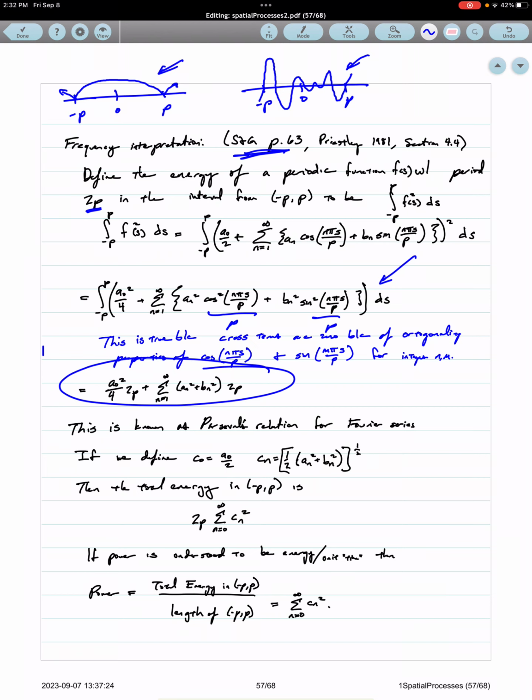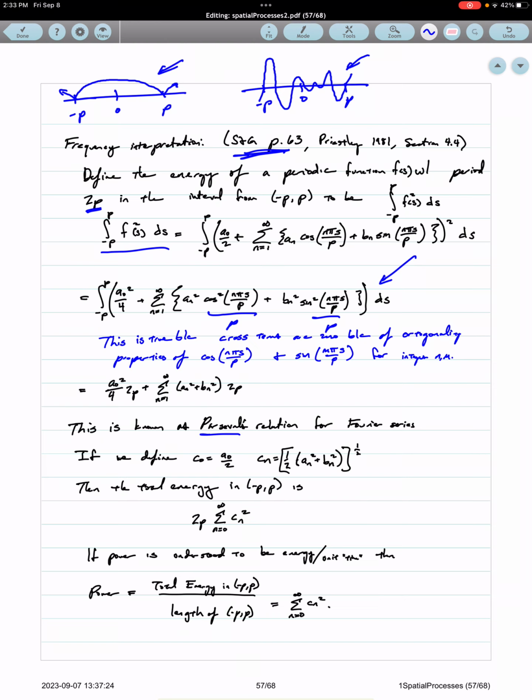So just using our properties of orthogonality, we can get from this expression of the energy to this expression, which I have circled down here, which is in terms of the squares of the coefficients a0, an, and bn. This relationship of the energy to the coefficients of the Fourier series is known as Parseval's relation.